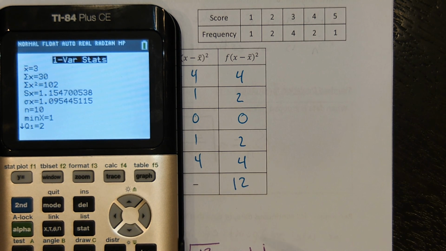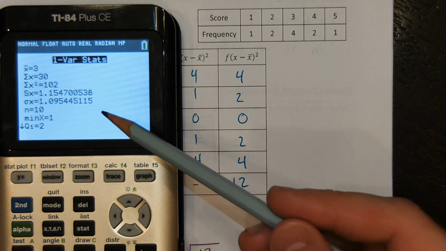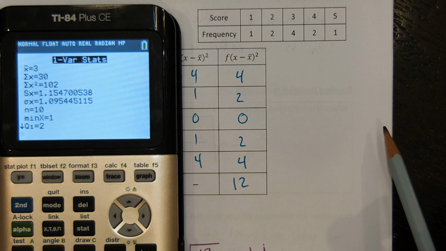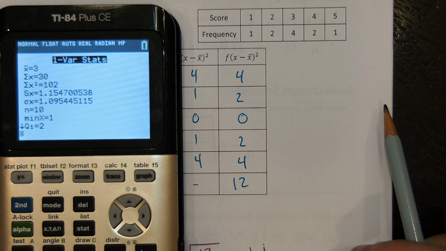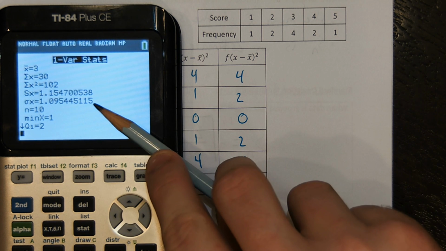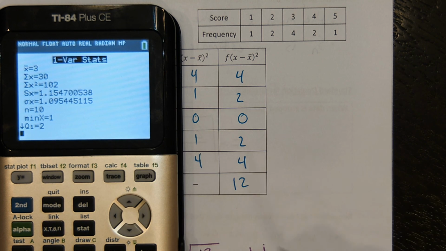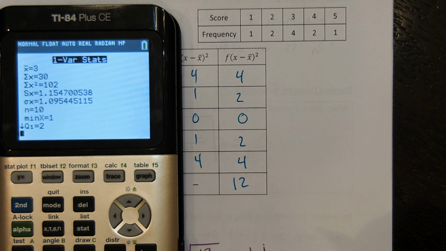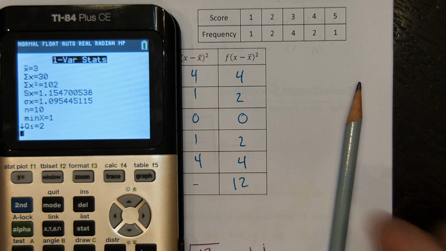Our answer is 1.1, sigma x. In general, even if you are told that you are dealing with a sample, in our class you always use sigma x. And that is how you use your technology to help you do the mathematics. I hope you enjoyed.